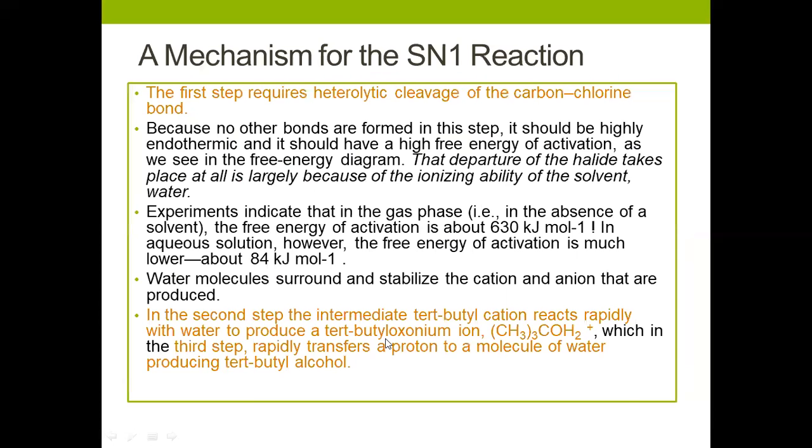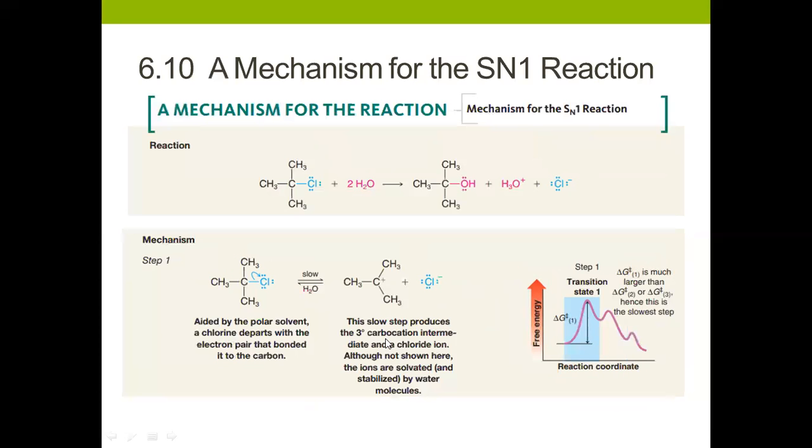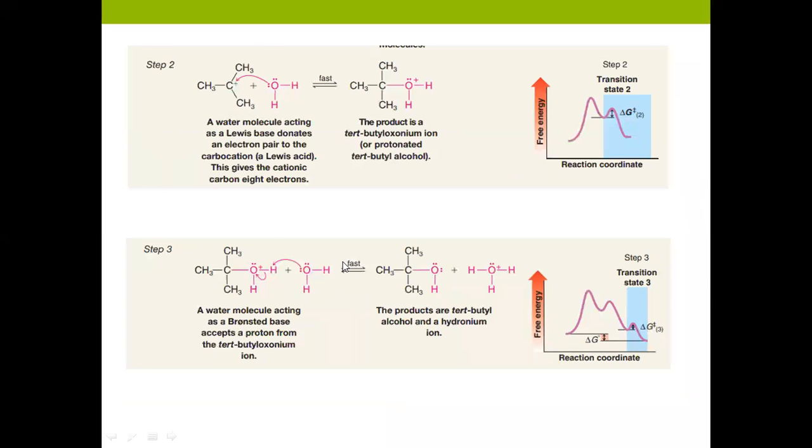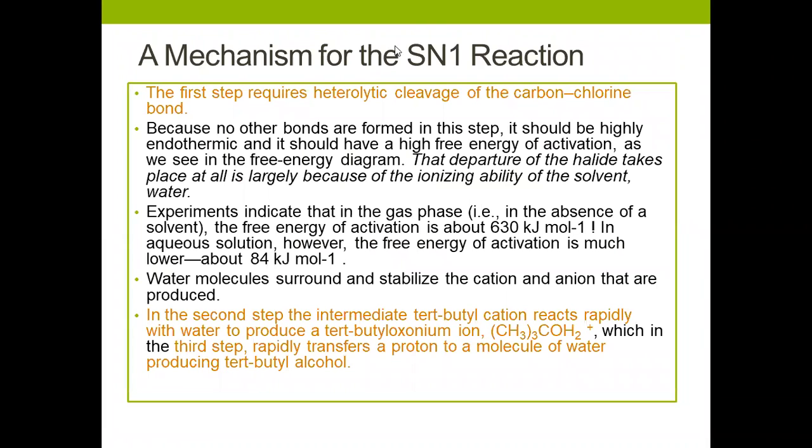In this case, we'll look at the carbocation in the SN1 reaction. However, what happens is the leaving group leaves first before the nucleophile attacks. So that is the difference between the SN1 and the SN2 reaction. Again, the first step is a heterolytic cleavage, no?